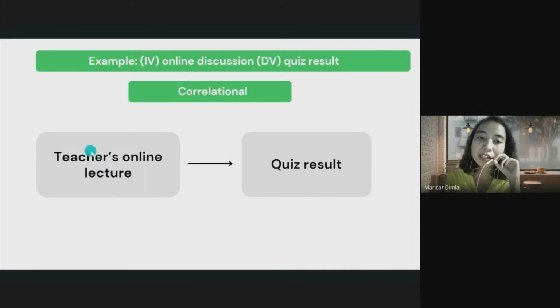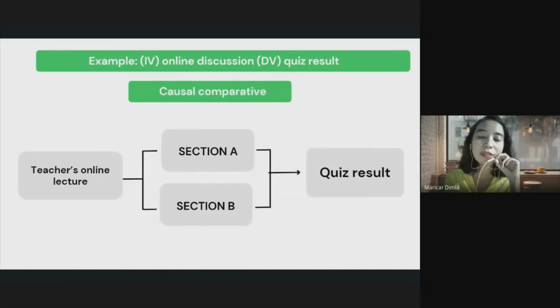The higher the quality of the teacher's online lecture, the higher the score the respondents will get. That is for descriptive correlational. And now we have the causal comparative. Present pa rin si IV and the DV.